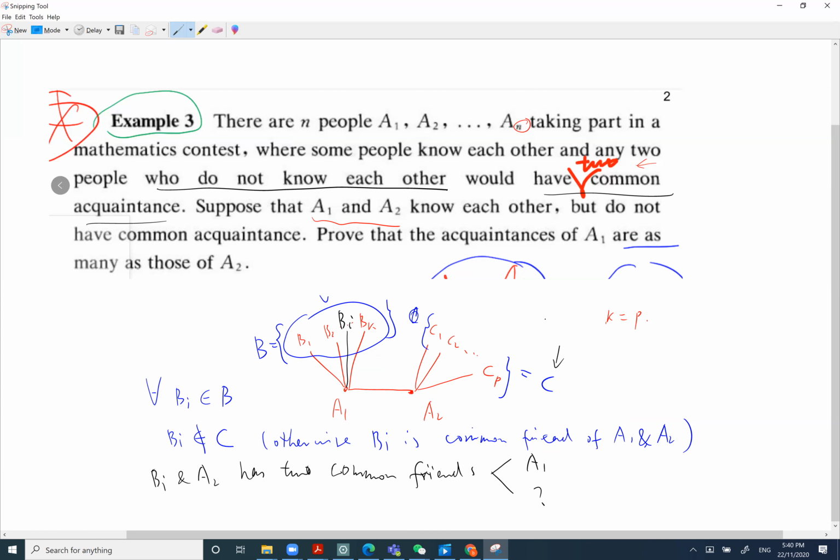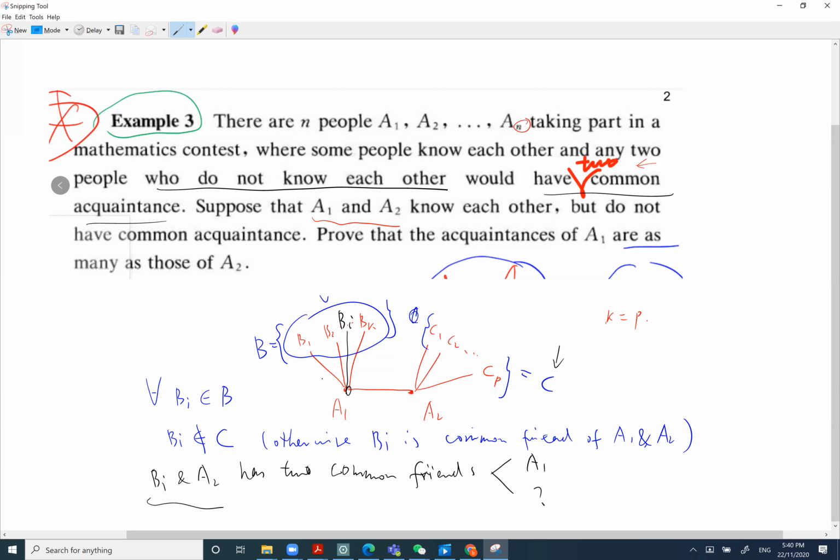Inside C, like all the friends of A2, the other one must be a friend of A2, which means in C, and a friend of BI. BI and A2 have two common friends. One is just A1.